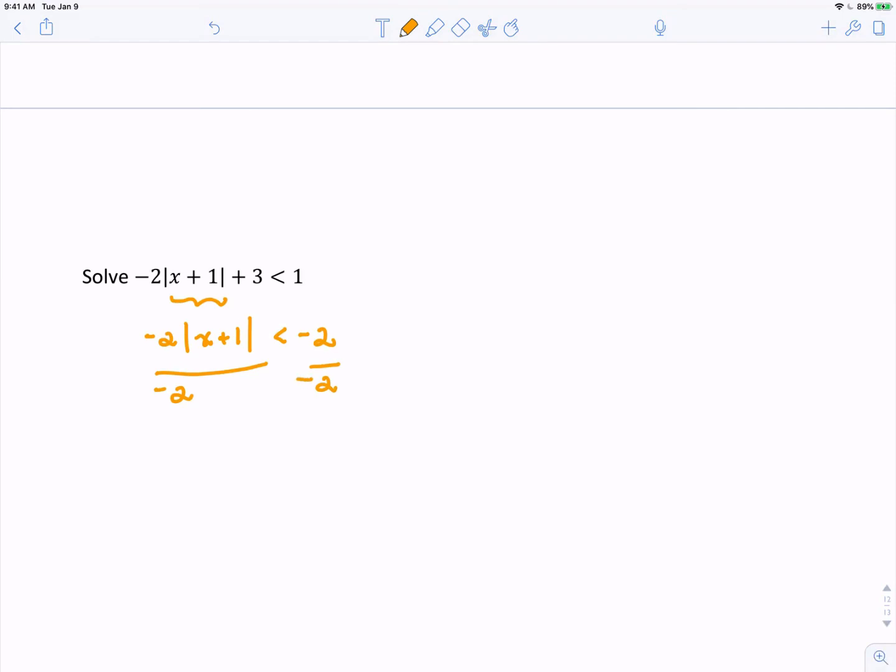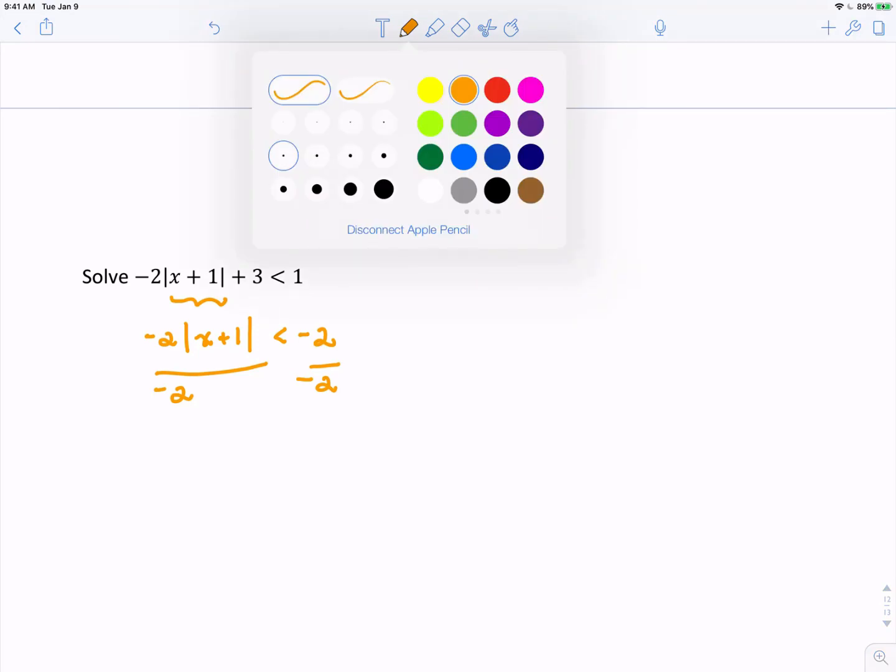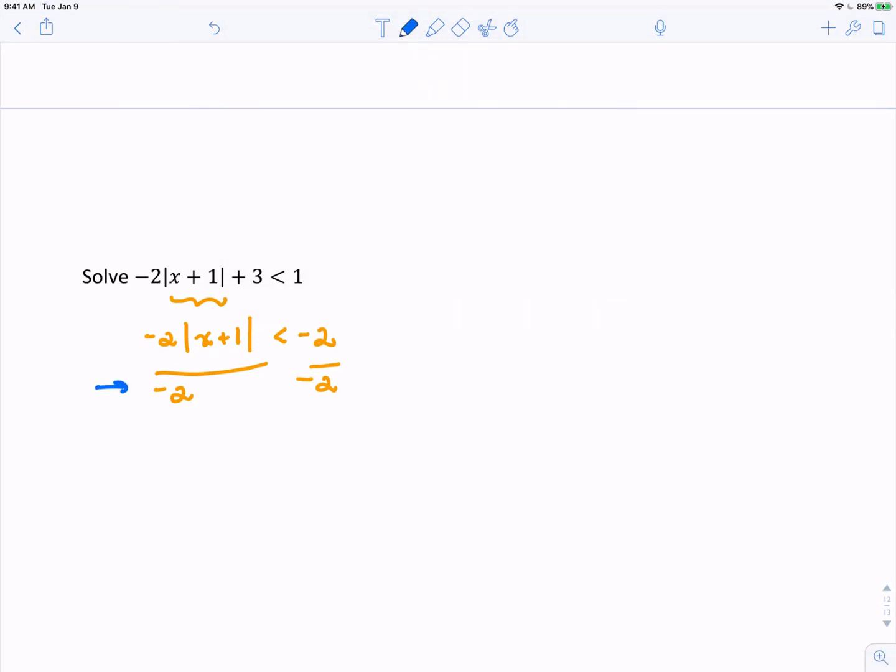Whenever you multiply or divide both sides of an inequality by a negative number, you have to reverse the inequality sign. So we're now going to have the absolute value of x plus 1, reverse this sign, is greater than negative 2 divided by negative 2, which is 1.